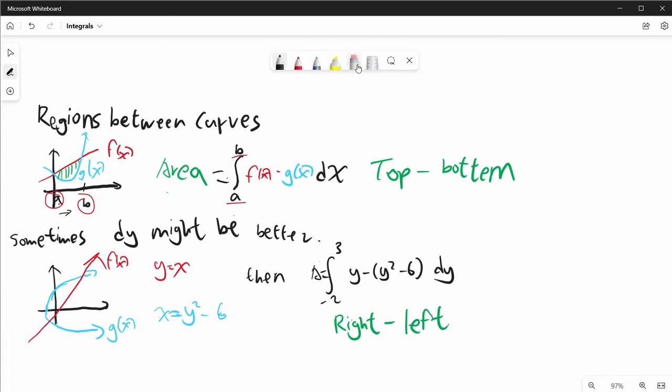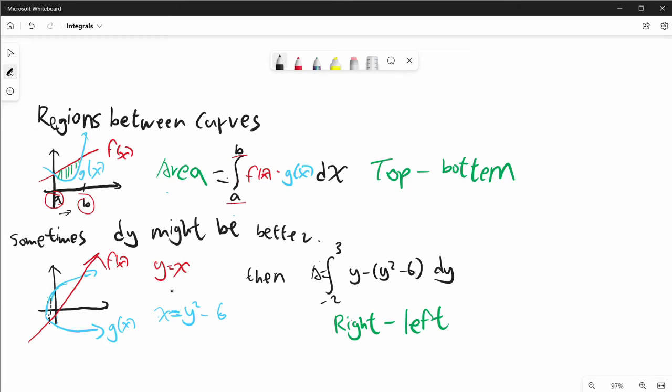Sometimes, in this case, at the bottom we have a g of x where the top and bottom is really itself. So it's a little bit complicated because you have to split it into two halves, and do top minus bottom for this part, and then top minus bottom for the other part. It would be two integrations.